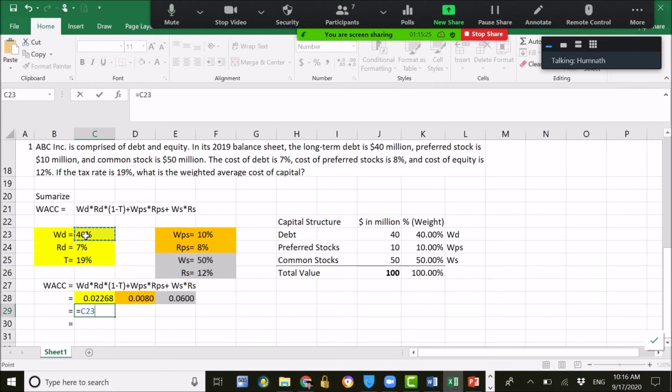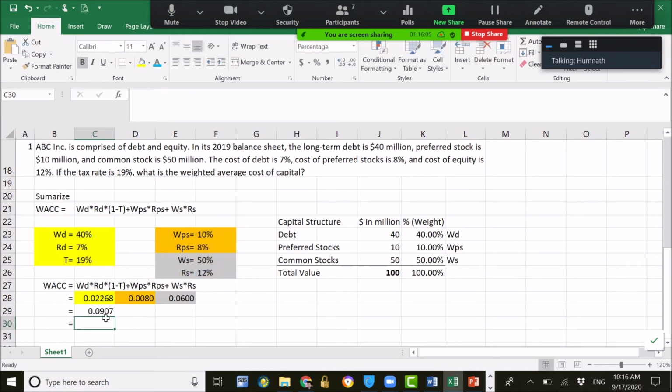WD is 40% times RD, 7%, times 1 minus tax rate, 19%, plus WPS times RPS plus WS times RS, cost of equity.